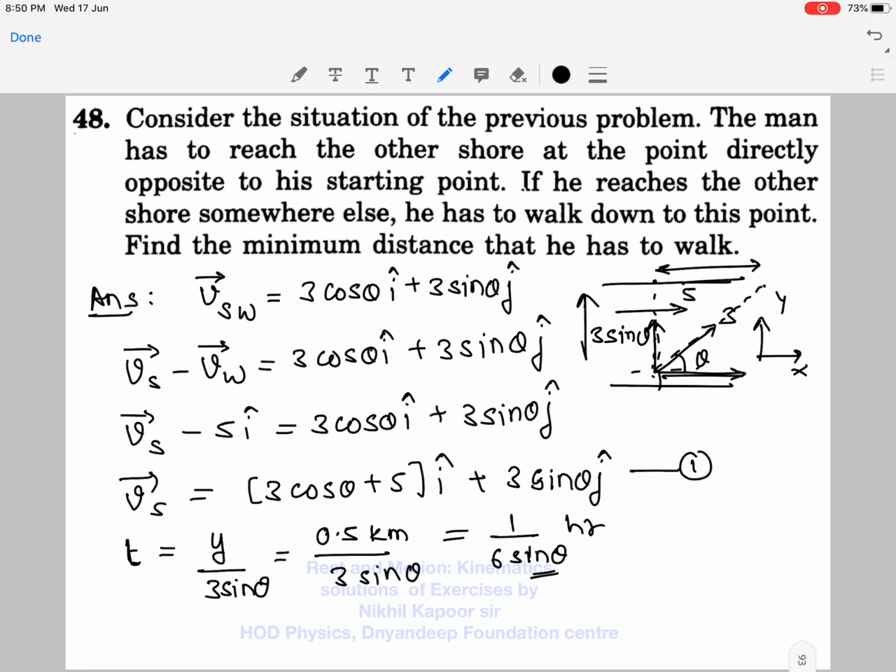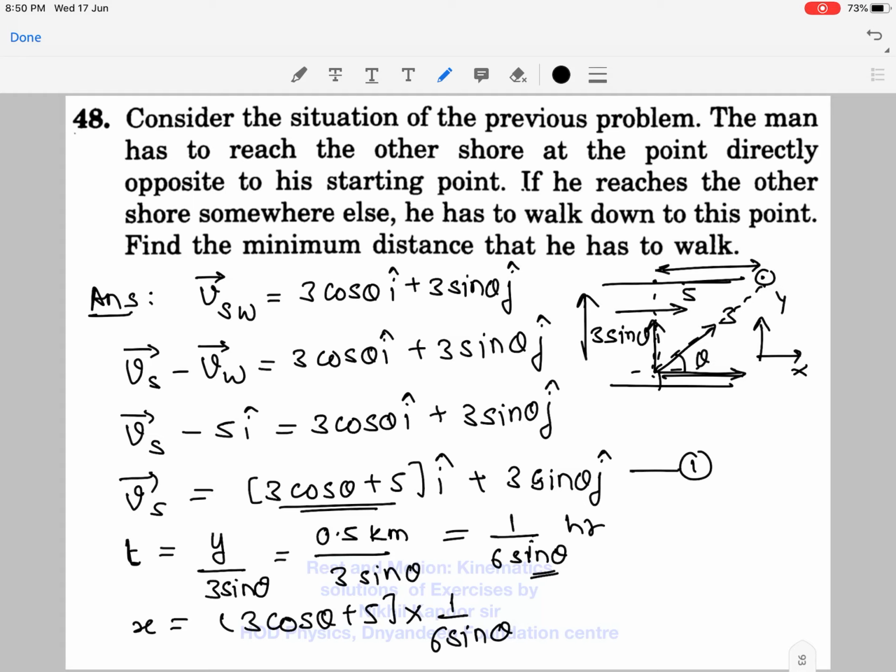So in the same time, the distance traveled along x-axis will be equal to speed into time, that is horizontal speed into time. The horizontal speed of the swimmer is 3 cos theta plus 5, into time, which is 1 upon 6 sin theta.